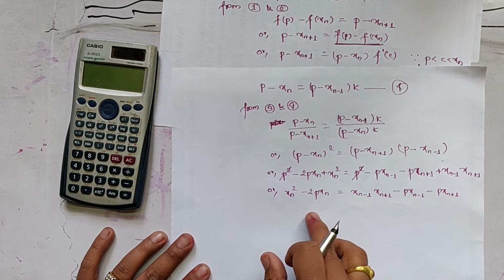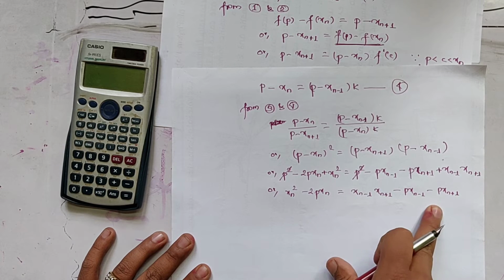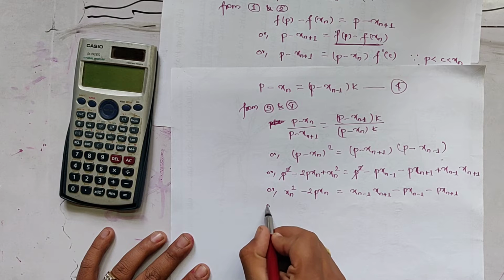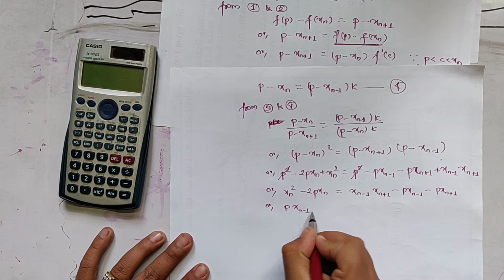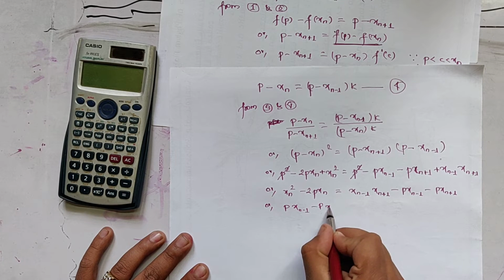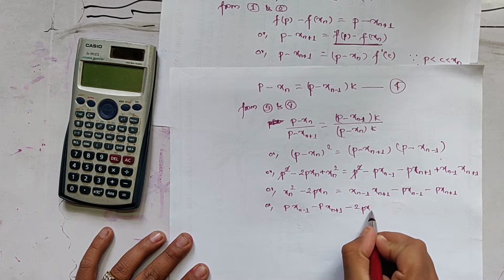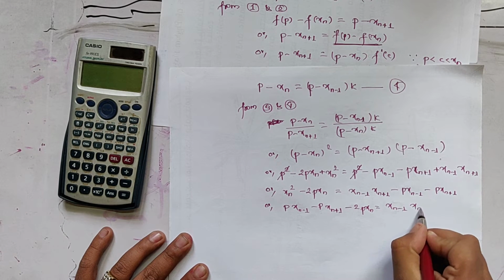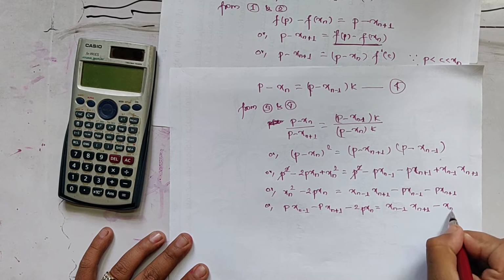So let us move the terms with p to this side. So we get pxn minus 1 plus pxn plus 1 minus 2pxn is equal to xn minus 1 xn plus 1 minus xn square.